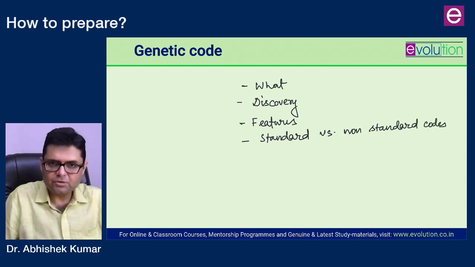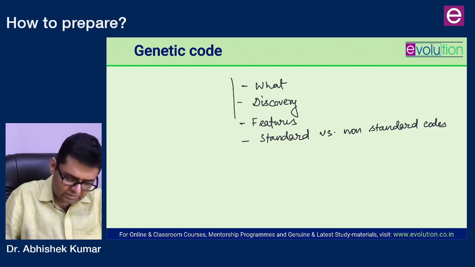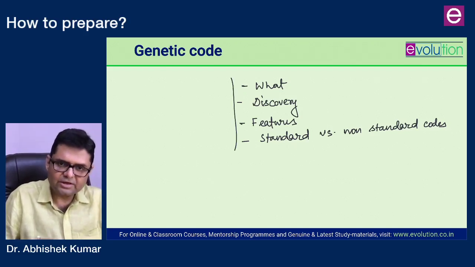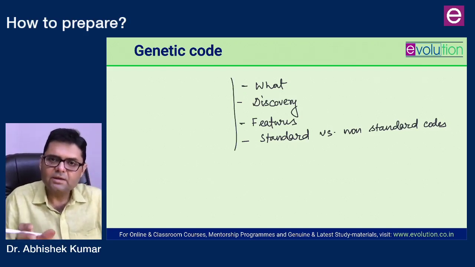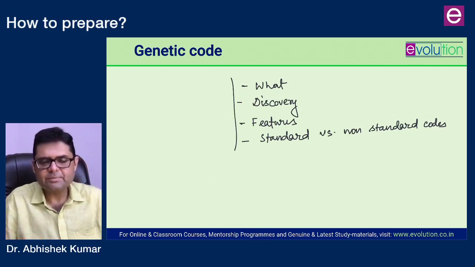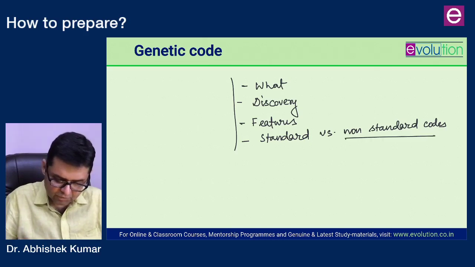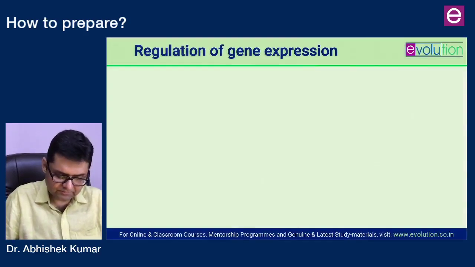That's all you need to do on genetic code. There is going to be a direct question on genetic code. What is genetic code? Explain its properties, and maybe sometime they will ask you add a note on non-standard codes.